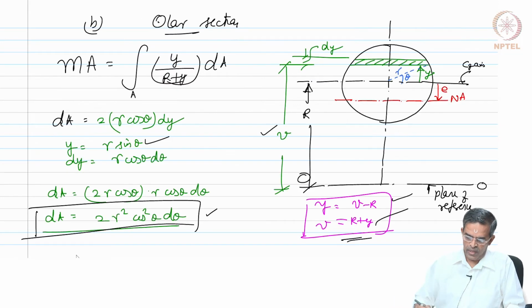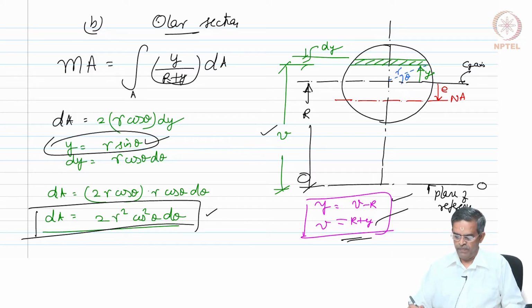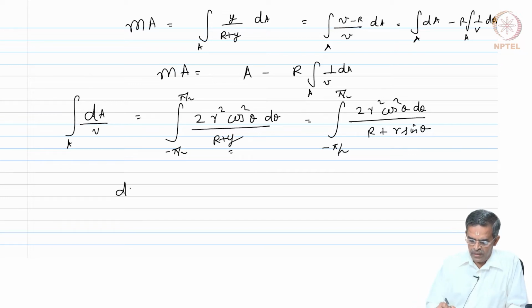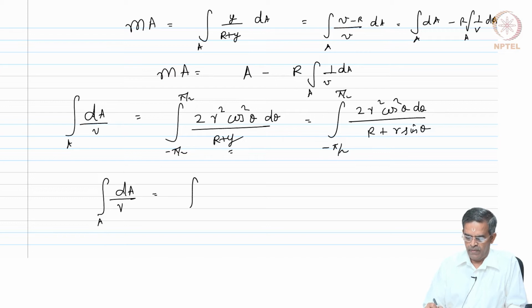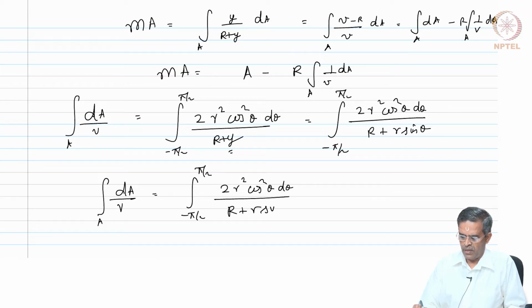You can see that y is also expressed in terms of theta as you see here. Okay. So, now I get integral dA by V as minus pi by 2 to plus pi by 2, 2 r square cos square theta d theta by r plus r sin theta. We will take this equation forward.